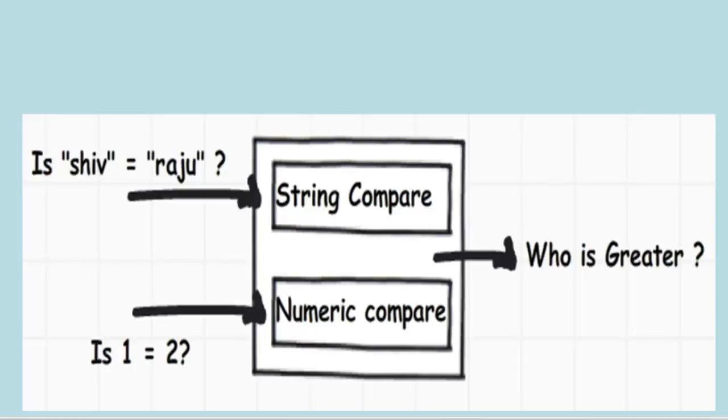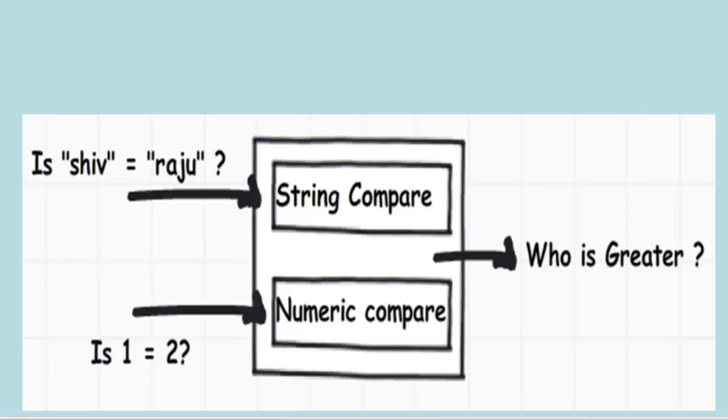Tomorrow more data types can come in. Now in order to better maintain the code and increase reusability, if somehow you are able to separate this compare logic from the data type, then you would be in a better shape. In other words, you would like to create a very generalized logic, and at runtime you can attach the data type to that logic, and that logic will operate as per the data type.